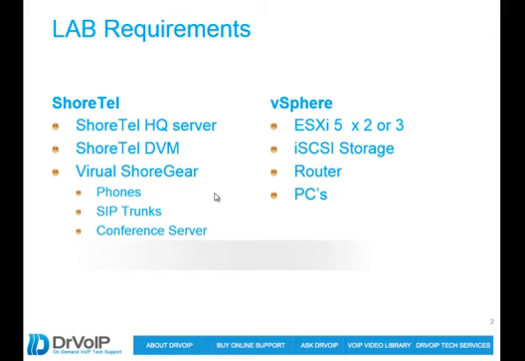And we will do everything in a virtual environment, so there won't be any hardware at all. So we'll use the ShoreGear virtual switches available in ShoreWare 14 and higher. We'll probably use soft phones and SIP trunks. So again, this is a lab environment, but it will serve our purpose well to demonstrate high availability options.